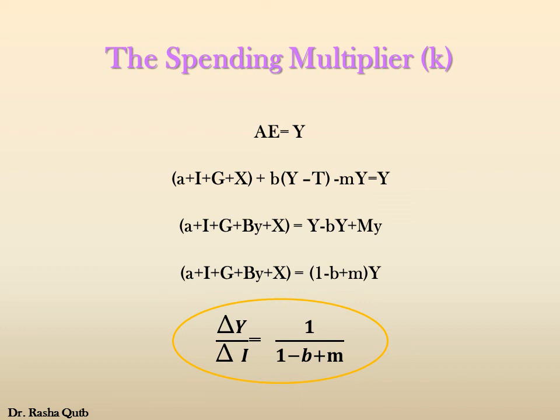In this case it equals 1 over 1 minus B plus M. We must also keep in mind that the value of the open economy multiplier is lower than the value of the simple multiplier.